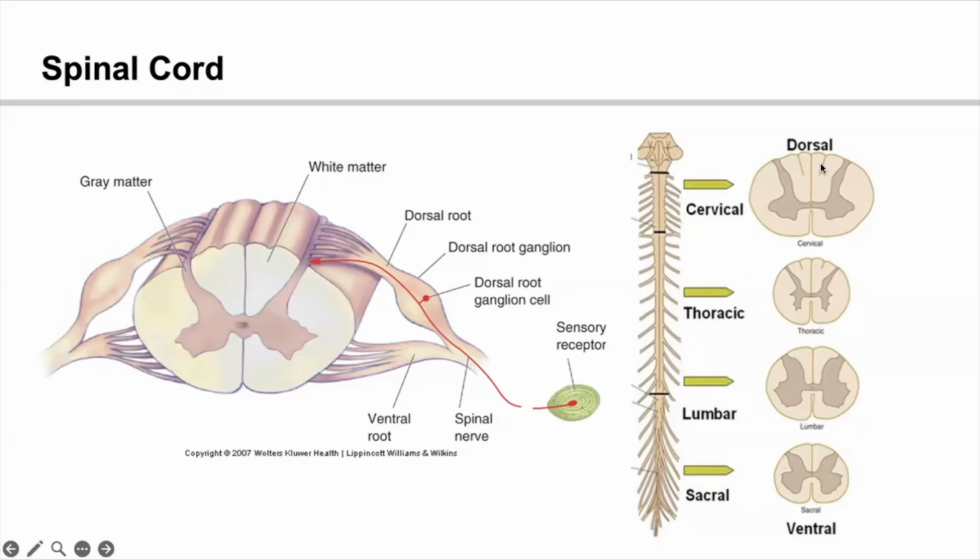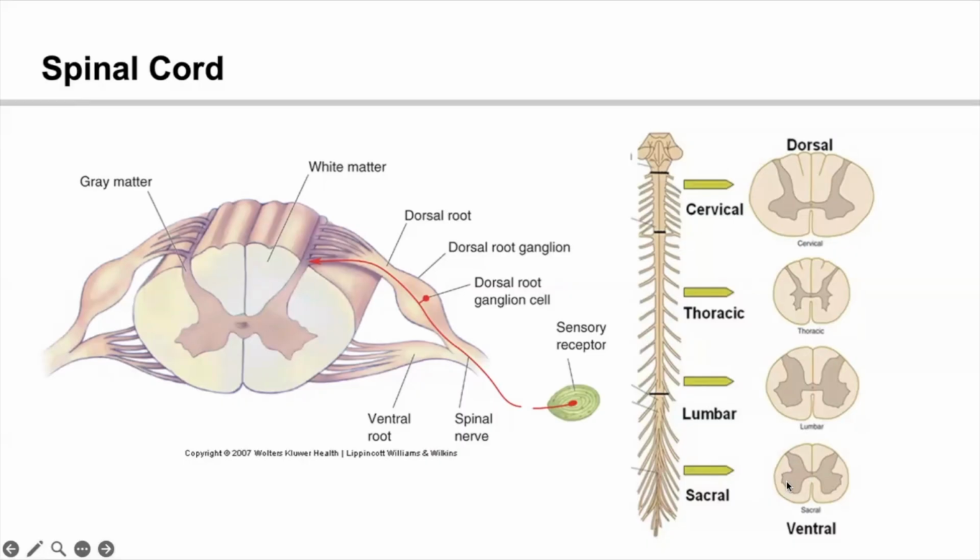So the thickness at the top, which is the cervical region, is much higher than that in the sacral region. So the white matter actually increases as we go from sacral to cervical region. Since the white matter occupies more space in the cervical region than the sacral region, the gray matter at that point has less surface area to cover, and more is available in the sacral region.